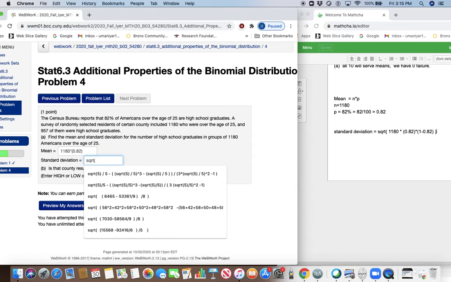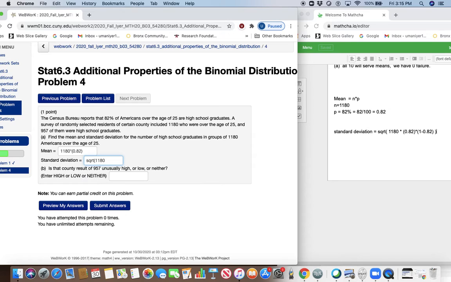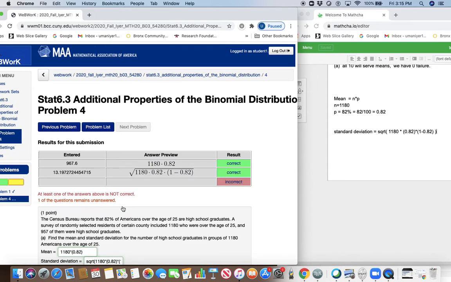SQRT 1180 times 0.82 times parenthesis 1 minus 0.82. So this is the expected value. This is the standard deviation. Before I go here, let me submit.